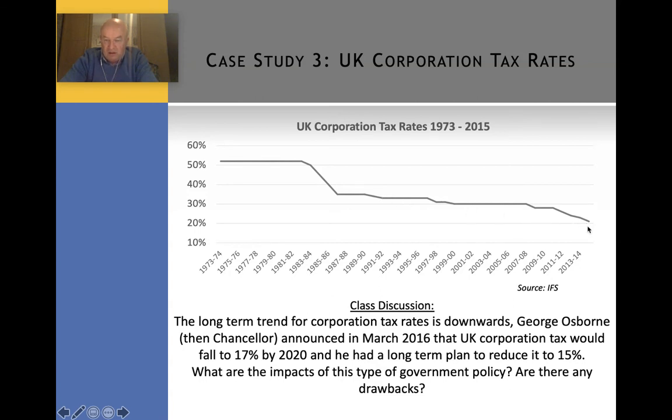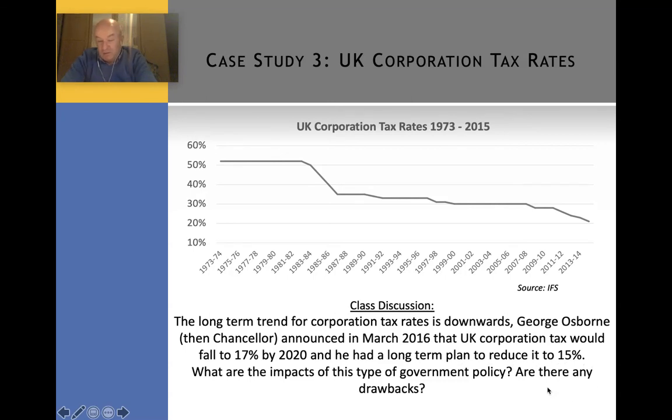and that's partly down to incentives that subsequent governments have put in place to try to encourage more businesses to, number one, stay in this country and work in this country, and actually also for them to keep more of their profits rather than pay it all in tax. So clearly, one of the things that we can look at in terms of this downward trend is that corporation tax would fall to 17% by 2020, with a long-term plan of reducing it to 15%.